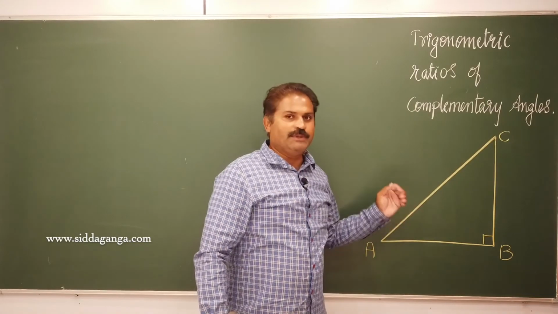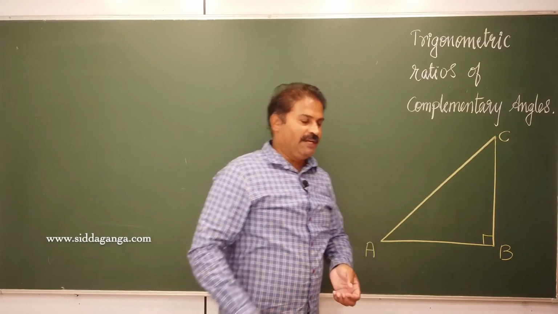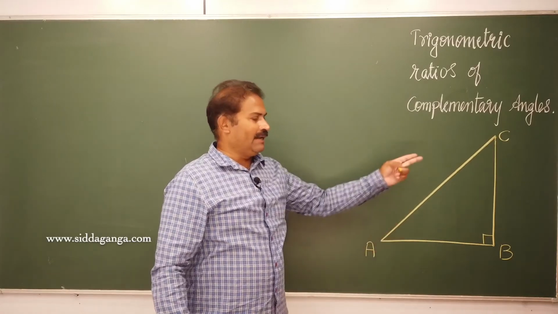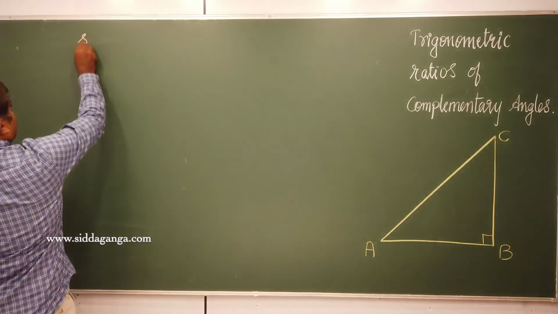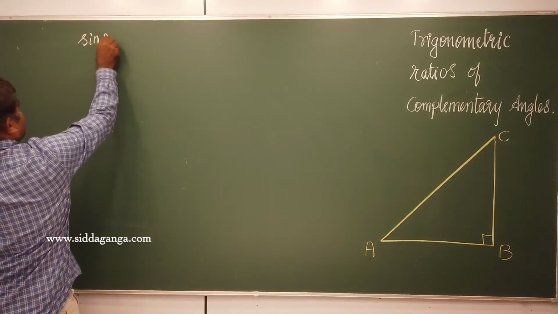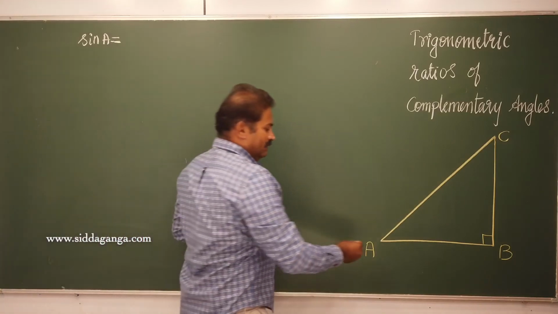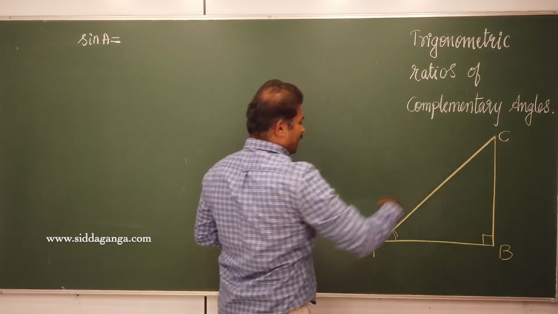So, we have trigonometric ratios for complementary angles. We shall see that. So, first we will find out what are the normal trigonometric ratios for angle A and angle C. For angle A, sin A is what? For sin A, BC is the opposite side and AC is the hypotenuse.